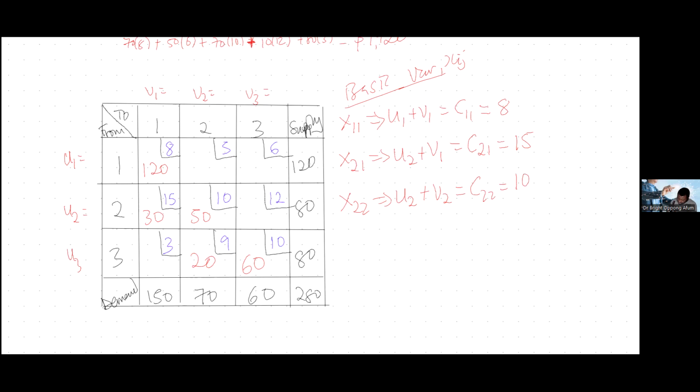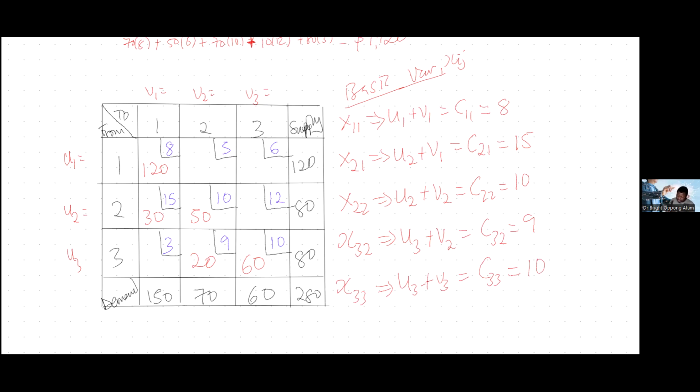Then we have X32. X32 is U3 plus V2, and it's equal to C32, which is 9. Then the final occupied cell is X33, which is U3 plus V3 is equal to C33, and C33 is 10.